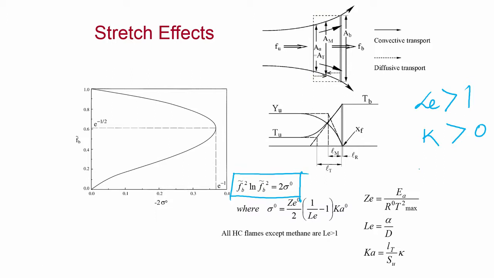Our flame is a propane air flame at phi equal to 0.77 near blow off, and that has a Lewis number greater than 1. So if it is undergoing positive stretch, it can extinguish locally, and that can lead to blow off.